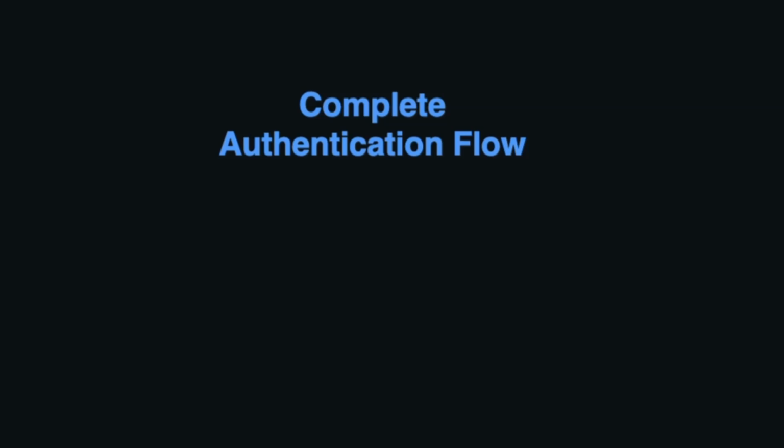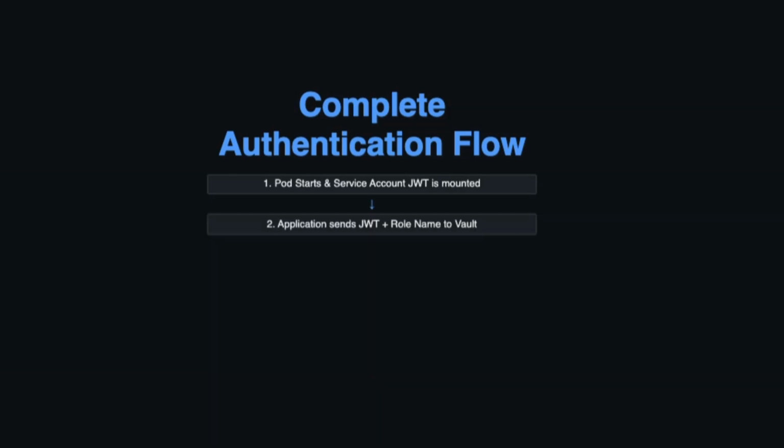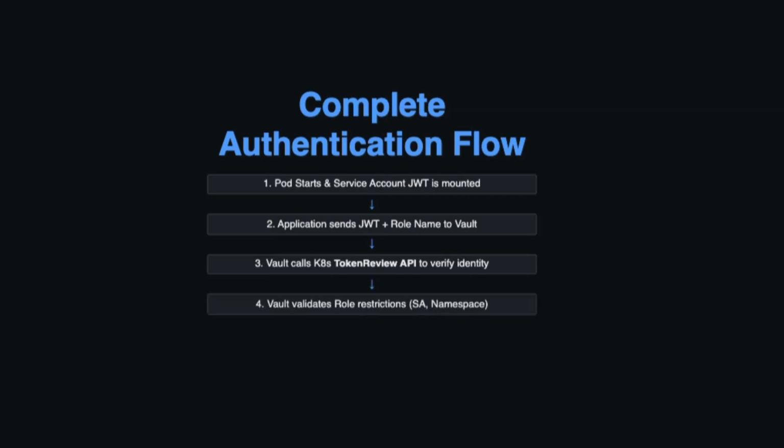To bring it all together: the pod starts and receives its service account JWT from Kubernetes. The app sends the JWT and role name to Vault. Vault checks the JWT with the Kubernetes TokenReview API.